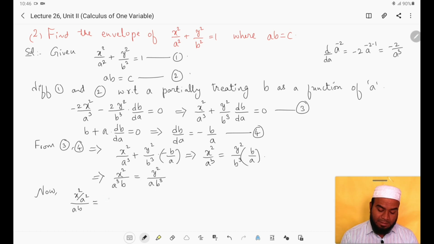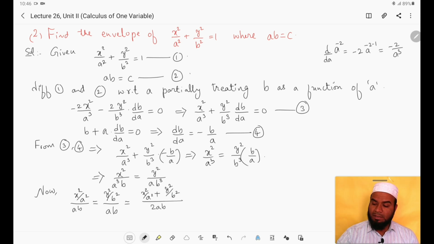Now the same thing, numerators and denominators can be added. So x square by a square plus y square by b square by ab plus ab, which is nothing but 2ab, right? This ab plus ab is 2ab.